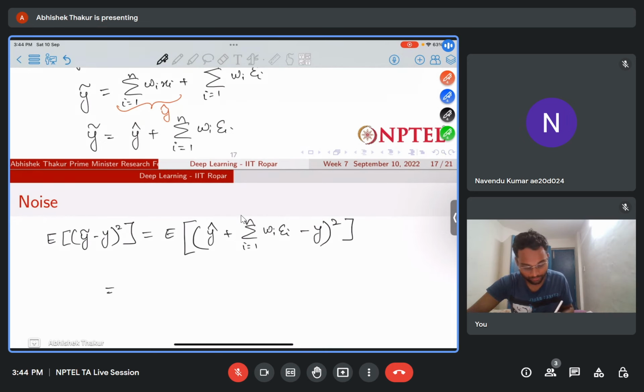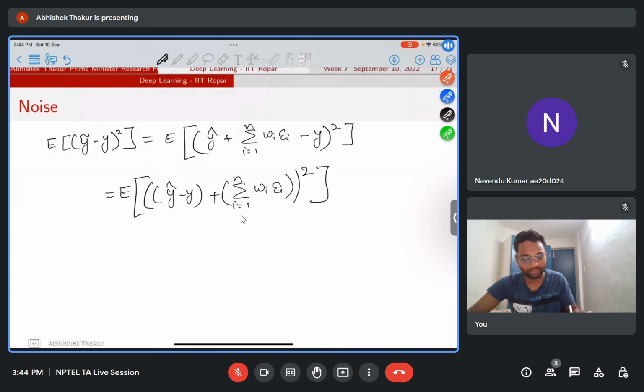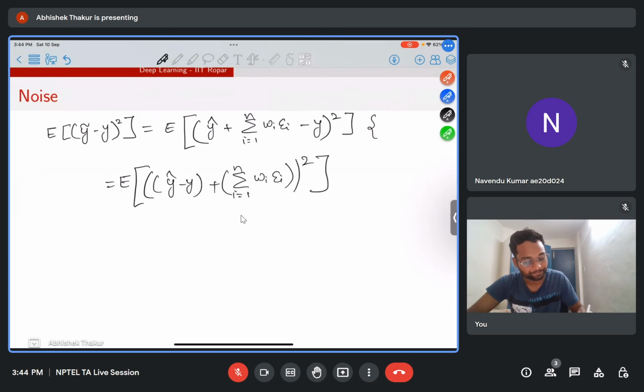So now we will club these two terms: y hat minus y plus the summation from i equal to 1 to n of wi ei, and we will take the square. Okay, this is our mean square error. Up to here it is fine.